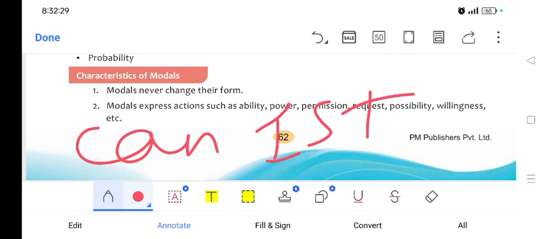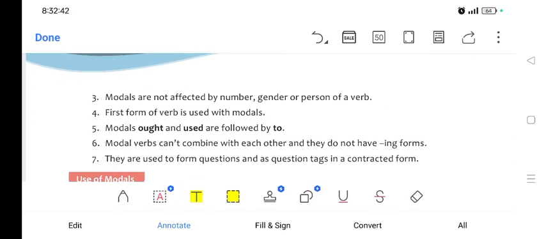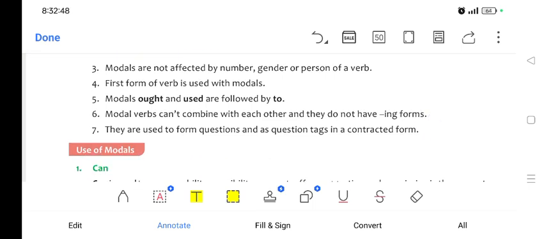Second thing, modals express actions such as ability, power, permission, request, possibility, willingness, etc. Now the third point, modals are not affected by the number, gender, or person of a verb. If it is I, you will put can. If you are writing she, you will again write can.